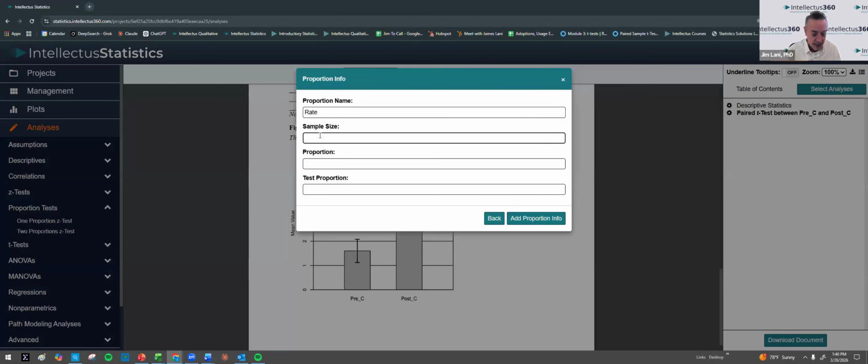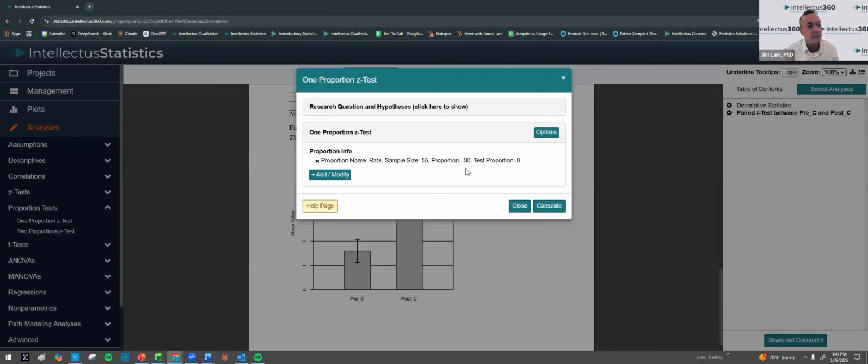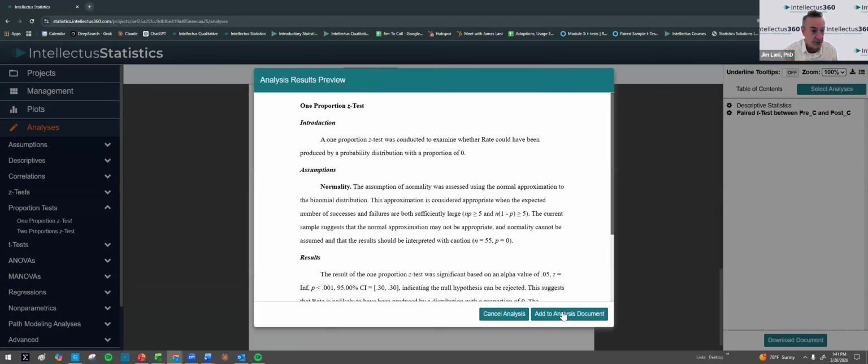You have to know the sample size, 55. And let's just say my proportion is 30 or whatever that rate is, okay? And then comparing it to 0, it could be some other test proportion or test target, okay? But for this particular test, I'm comparing a proportion completion rate of 30% to 0 to see if that's statistically different from 0.